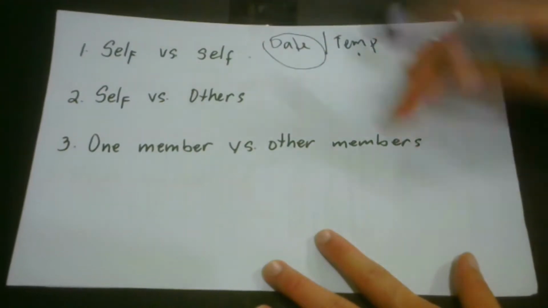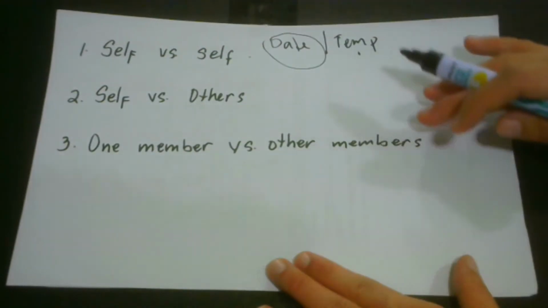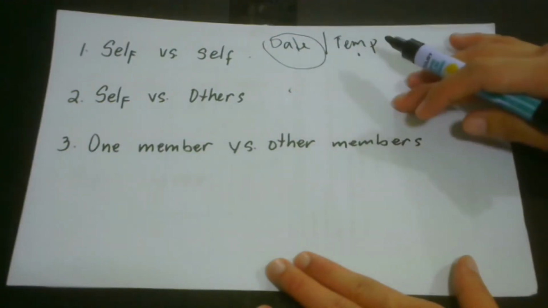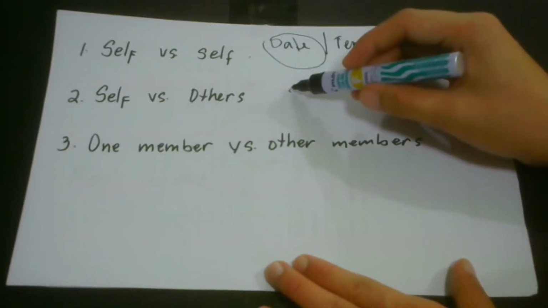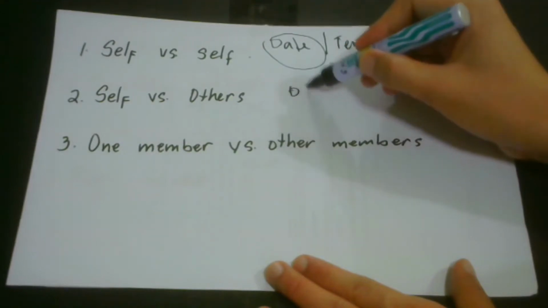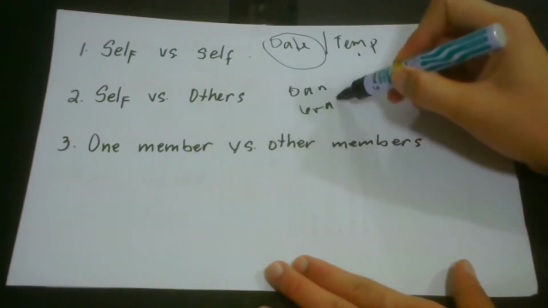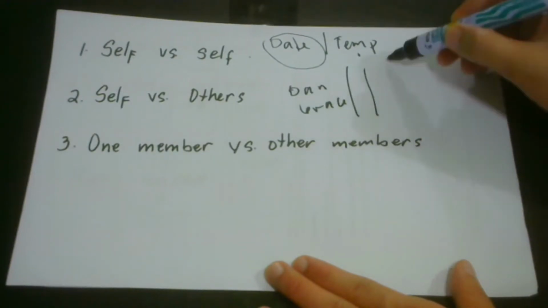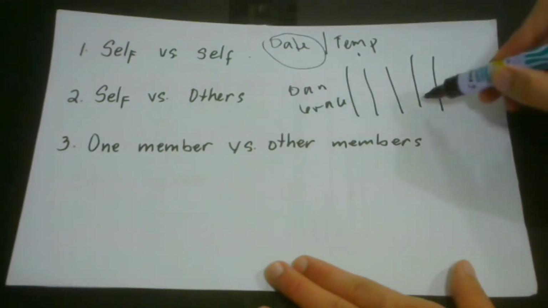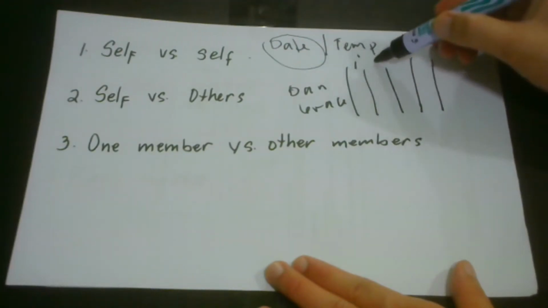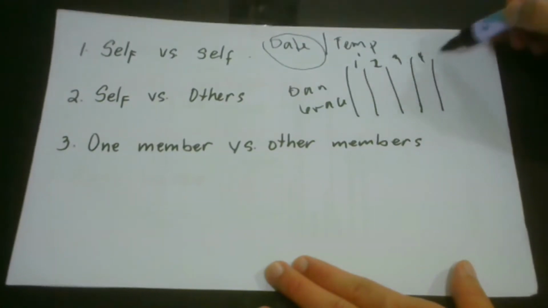Another thing is self versus others. So in this case, we're comparing one data point with other data points in our data set. For example, we have here Dan, and then we have here Grace, and here we have the spending of each individual for different dates. So for example, this is date 1, 2, 3, 4, and 5.